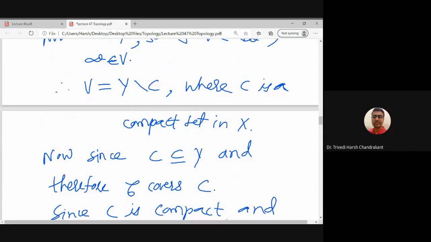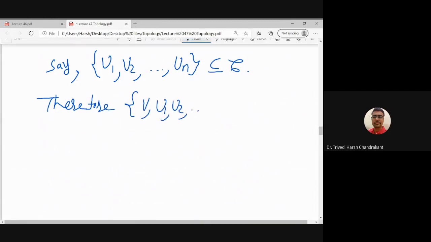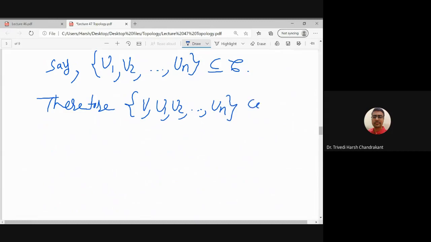So if we combine all these sets, V, U1, U2, UN cover the entire space Y. So using the open set which contains the point infinity, we get the compact set, and then for that compact set we get a finite subcover.